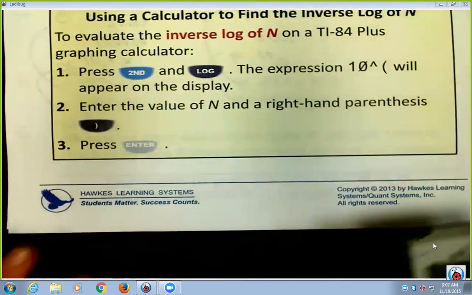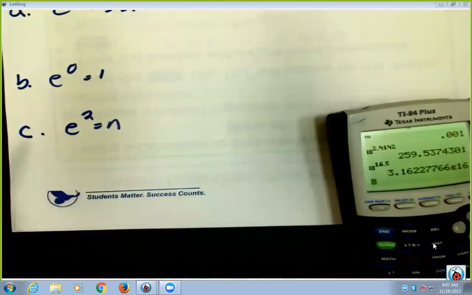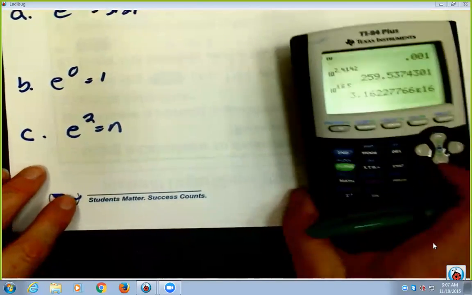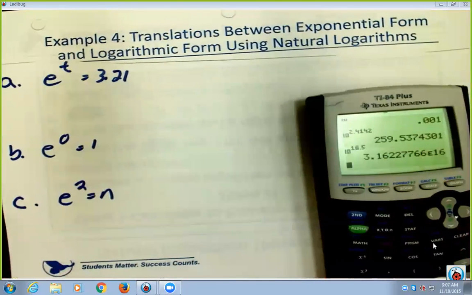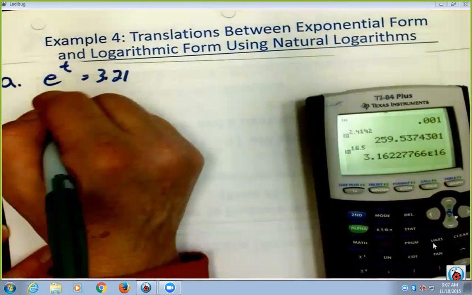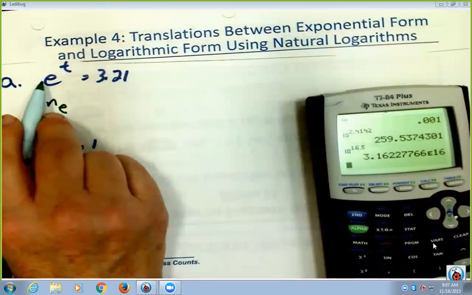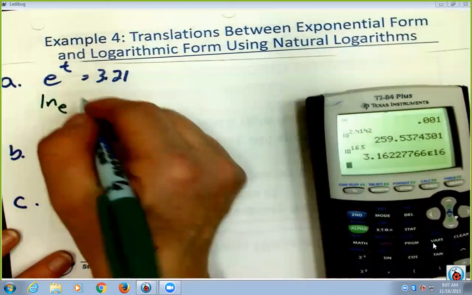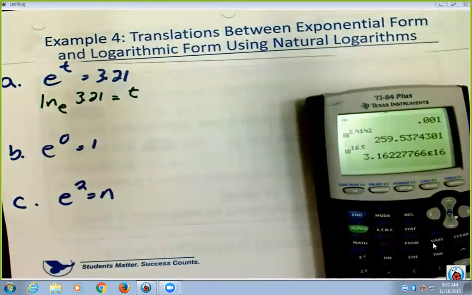Inverse log is where, whoops, that's the one we just had. So these are the other ones. It translates between exponential form and logarithmic form using natural logs. Natural logs are ln's. So I have ln e, same process, base answer equals t.